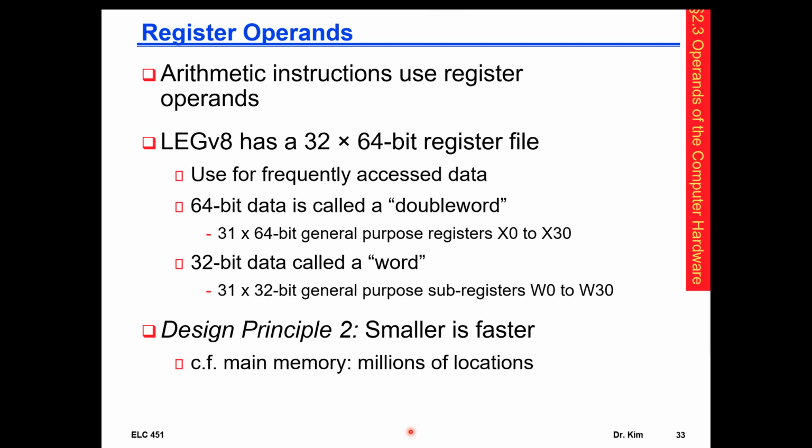But what is a good trade-off of performance versus cost? Registers are expensive. So they agreed that 32 was a good number for what they were trying to do. So you want to keep the register file as small as possible while getting the performance that you want.